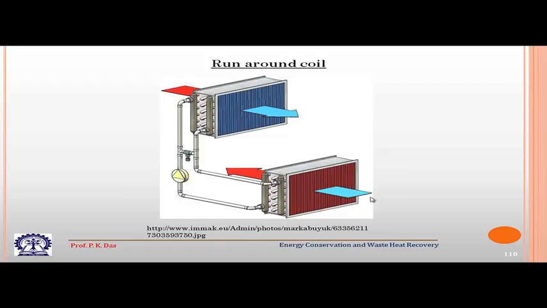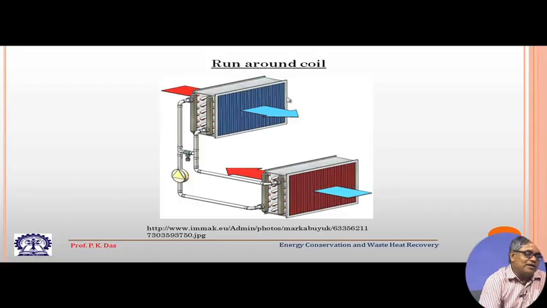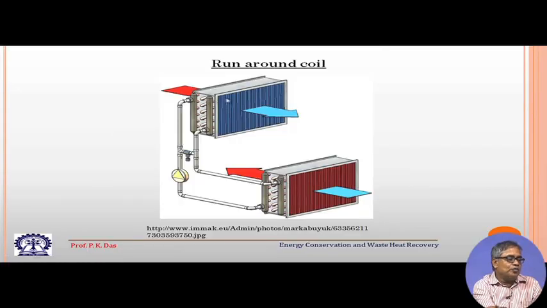But we can have a heat exchanger for the hot stream, where the heat given by the hot stream is picked up by some fluid, preferably a liquid, and then that hot liquid gives heat to the cold stream. So, there is a coil running around from the hot stream to the cold stream.